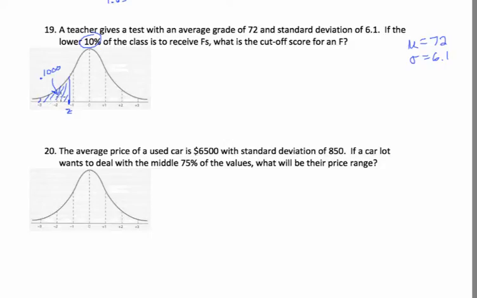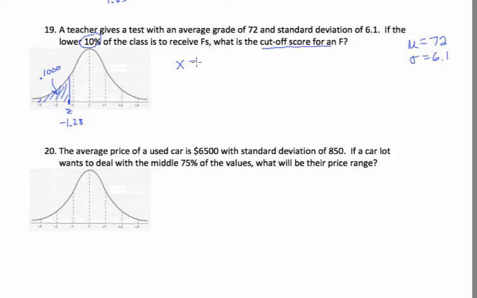What I need to know is what z-score matches up with that area. So I go to my table, my chart shows the area to the left of the z-score, so I can just look in the middle numbers. Now I want to look in the probabilities for 0.1000. That takes me a while sometimes, but I found it, and it seems to correspond with a z-score of negative 1.28. So now I know the z-score, but I need to know what's the data value that corresponds with that. So I have the z-score, I need my data.